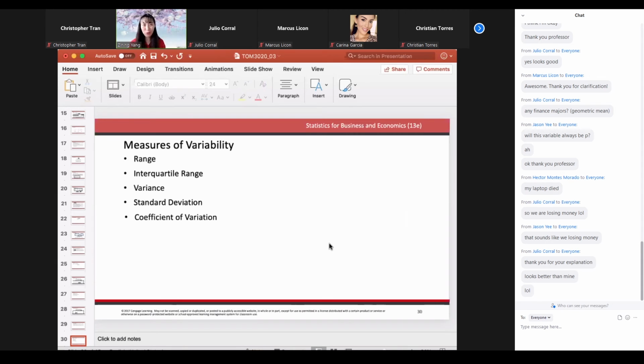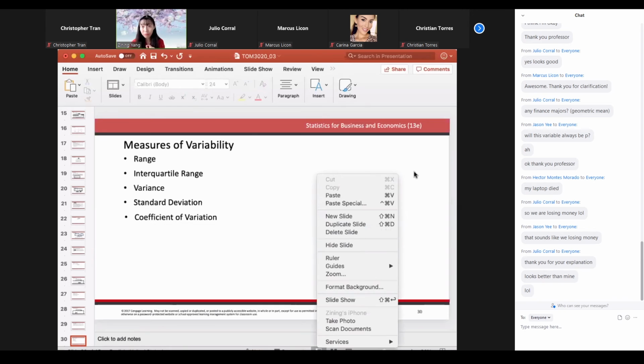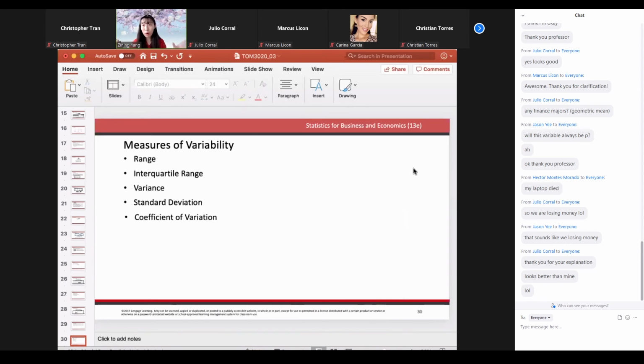So continuing with measures of variability. A few metrics: range, interquartile range, variance, standard deviation, and coefficient of variation. For the scope of this class, the most important two measures are variance and standard deviation.